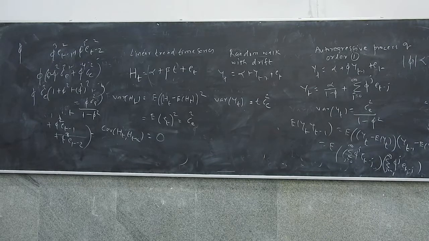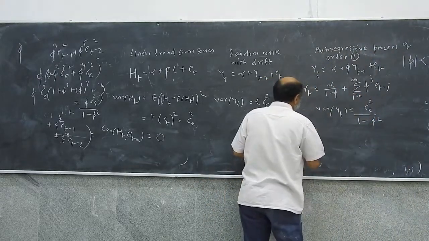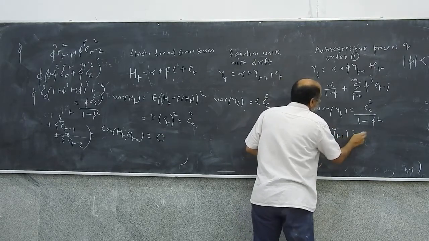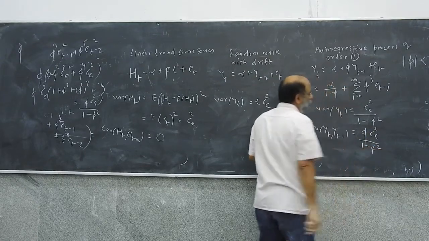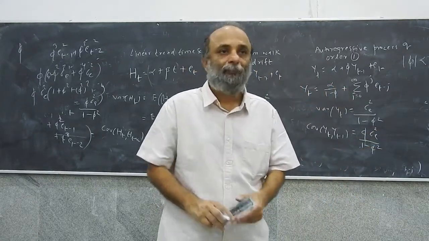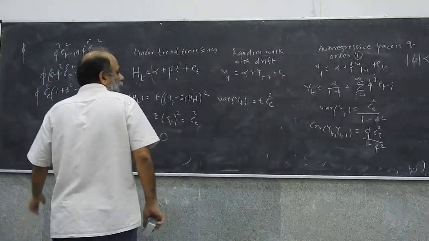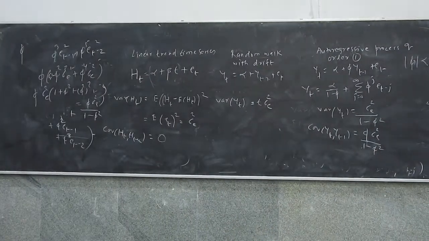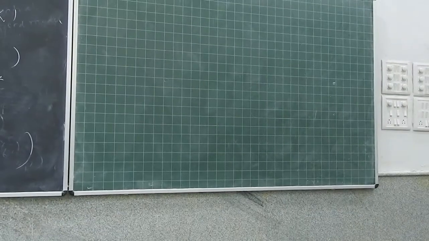So the variance here will be, covariance of y_t and y_{t-1} will be, see, it will be like this.